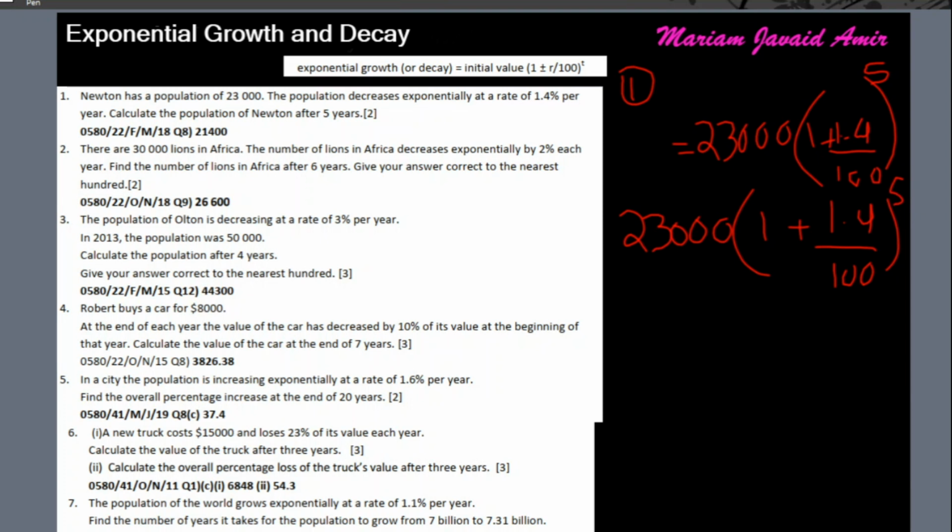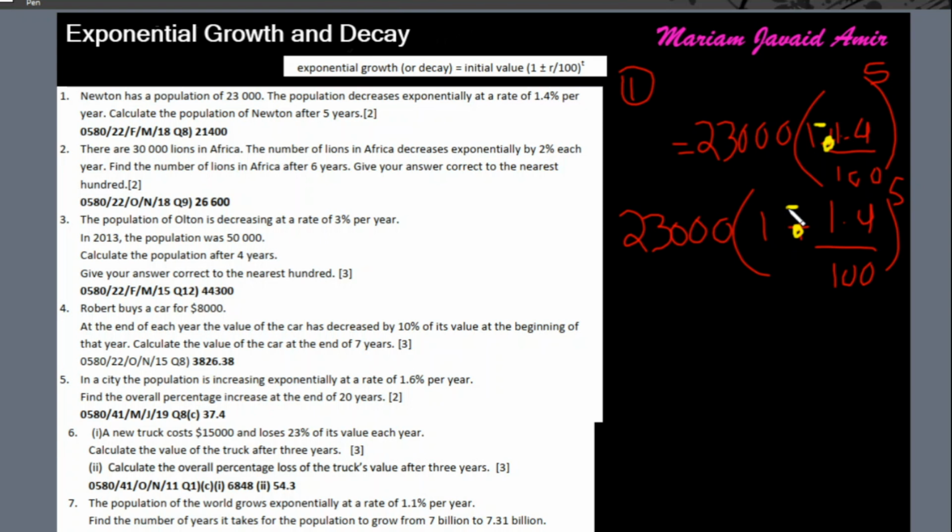When I enter all of this in my calculator, I will get... the question said the population decreases exponentially. So I was supposed to use the negative sign, not the positive sign. The population is not increasing, it's decreasing, so the answer would be smaller than 23,000.